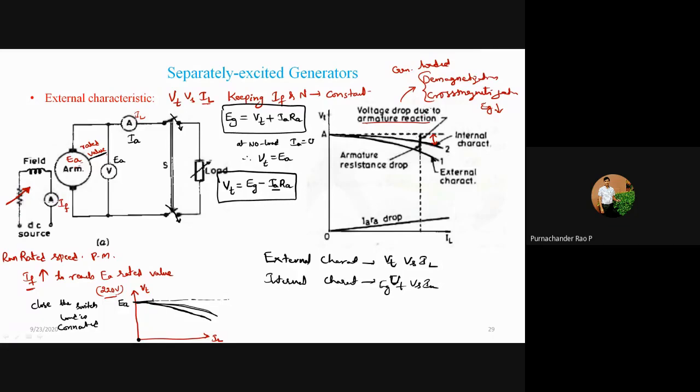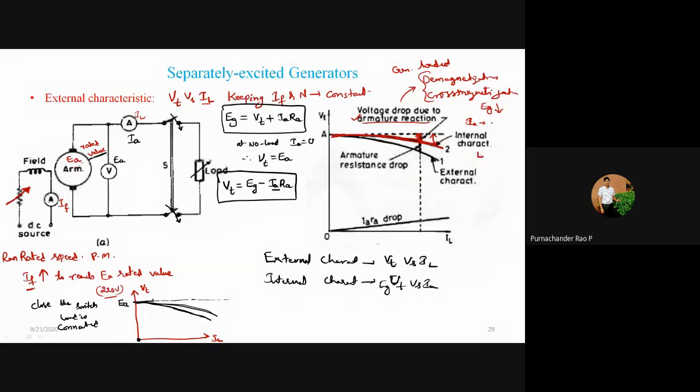Whenever the generator is loaded, only then does the armature current come into the picture, and it will produce armature flux, and this armature flux will produce some effect on the main flux. This effect is called armature reaction. Because of this armature reaction, there will be some reduction in the net voltage, and that net voltage is considered here. This is known as the internal characteristics.